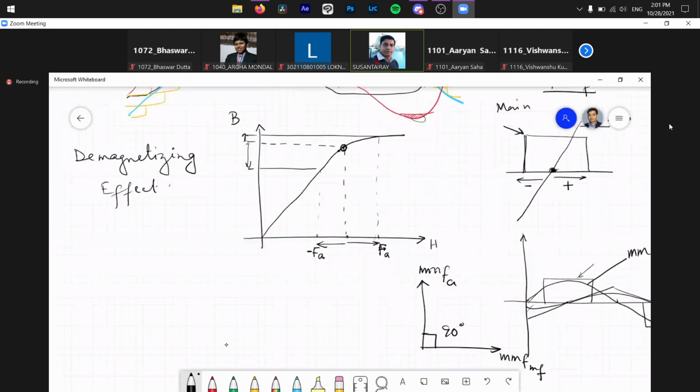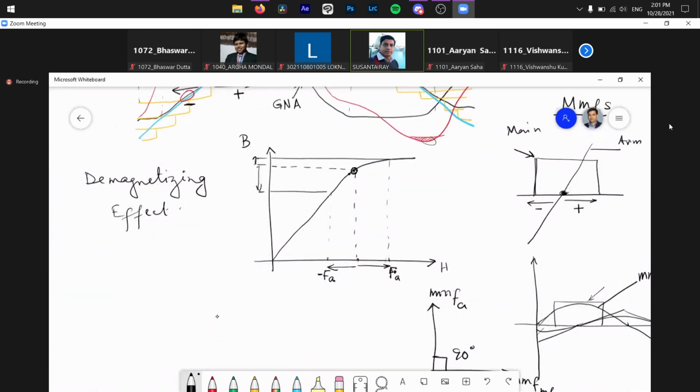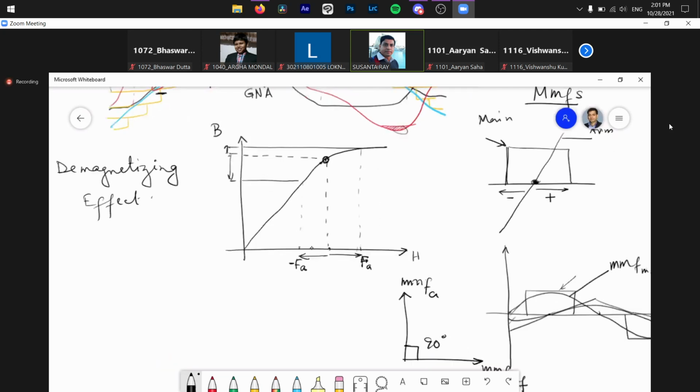So these questions you generally have in exams. Generally they are cross magnetizing, but why are they at the same time demagnetizing? This is the reason. Due to saturation, if we add or subtract the same amount of flux, we will not get the same effect from the flux point of view.